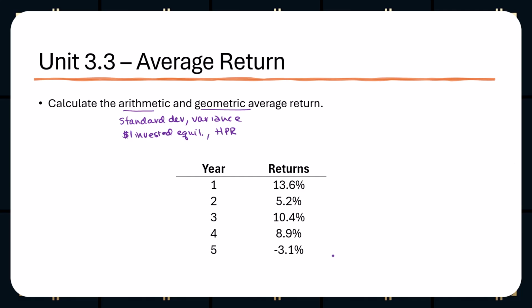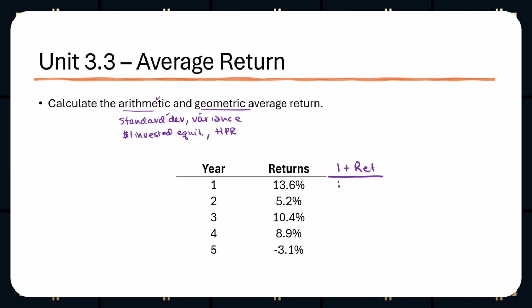The news is that our financial calculator will find the arithmetic average, the standard deviation, and the variance for us in one fell swoop. Now, in order for us to find the geometric average return, as well as the dollar invested equivalent and HPR, we are going to need to create a new column on this table, and that is going to be 1 plus every single return.